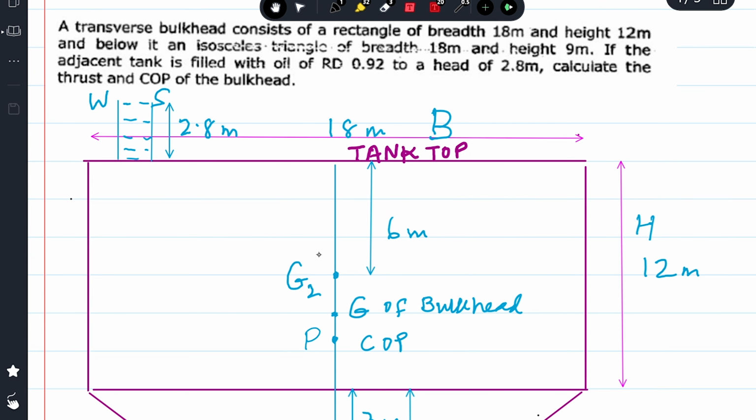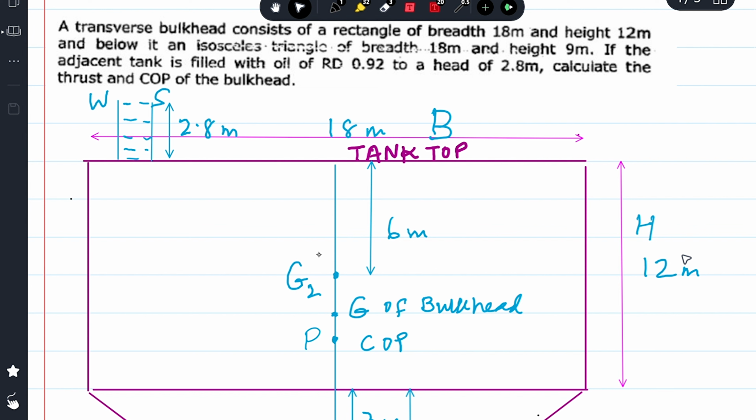So here is a drawing. This is a rectangle. Breadth of the rectangle given is 18 meters, and the height of the rectangle is 12 meters. This is the top of the bulkhead, tank top.